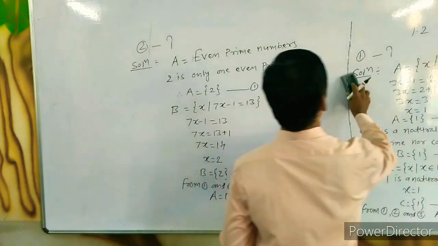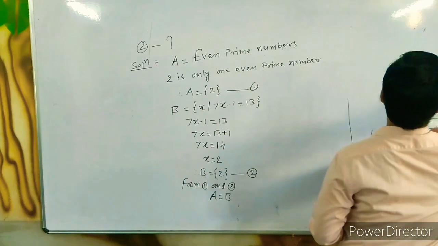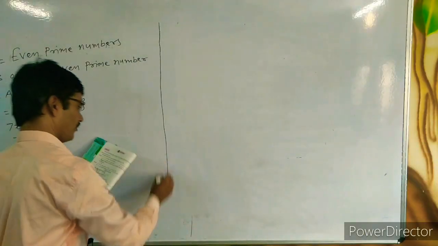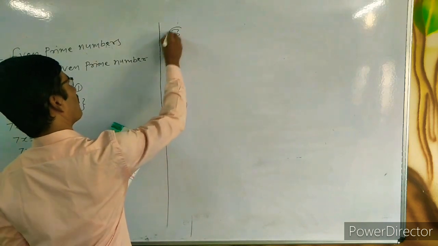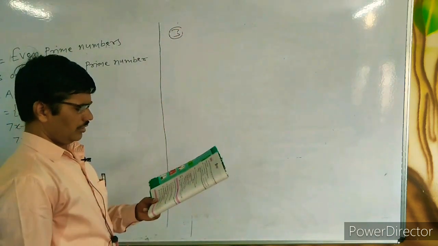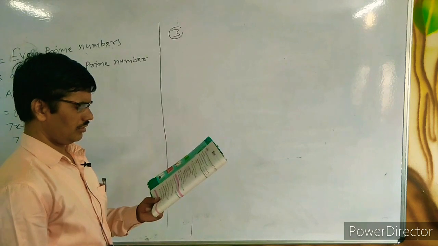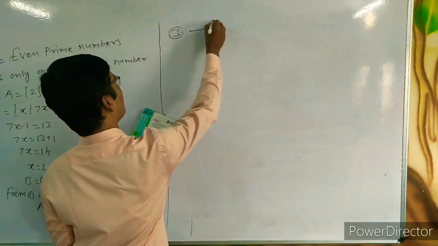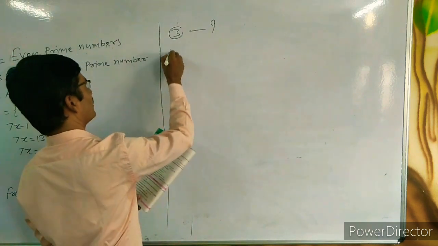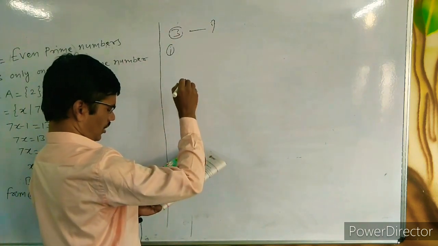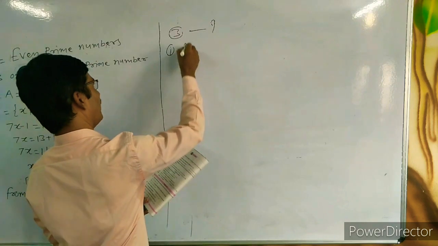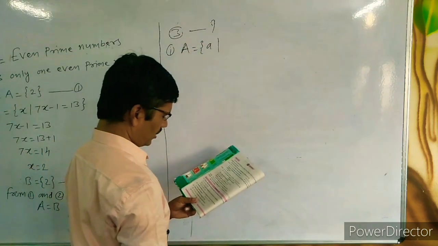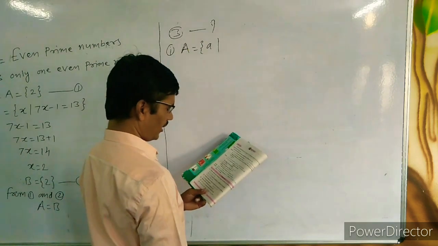Next, question number 3. Which of the following are empty sets? Why? Number first, A is the set of all a such that a is a natural number smaller than 0.